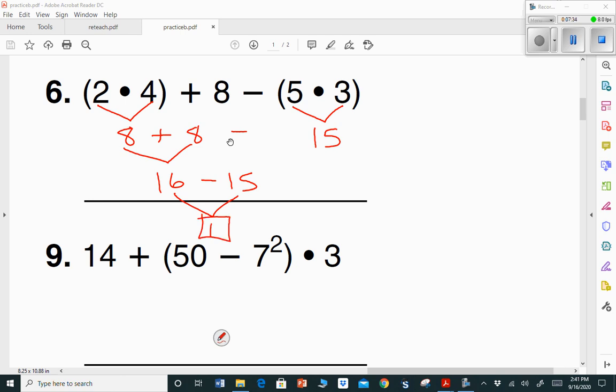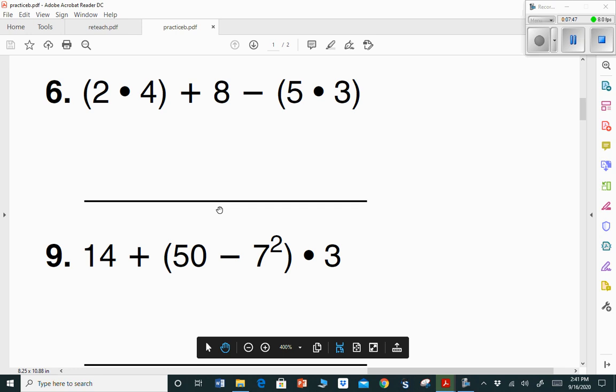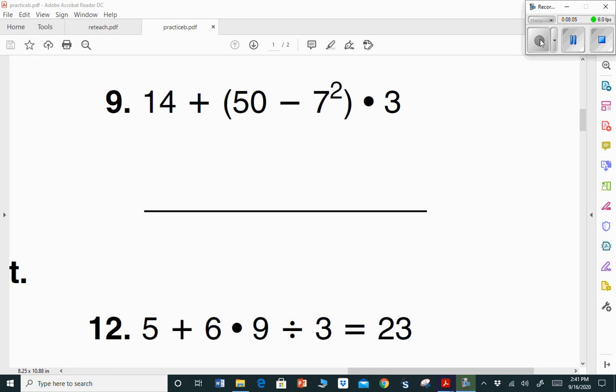All right, now we're getting into some real fun here. We're going to add some exponents in there as well. Number 9.